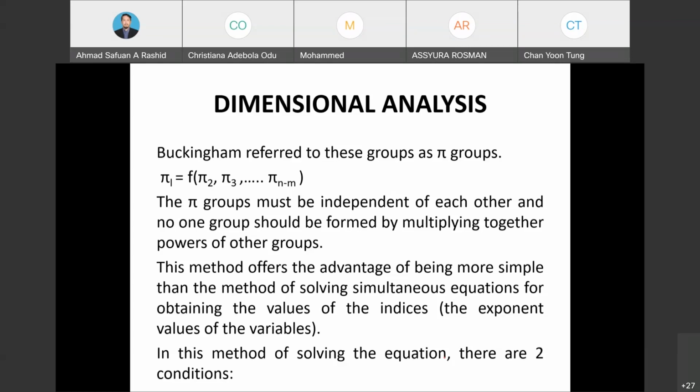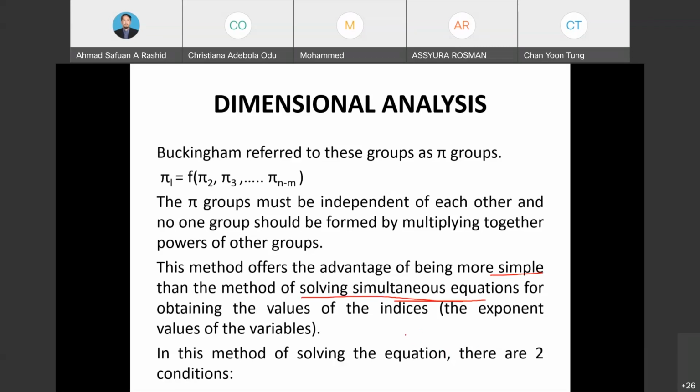I will explain in the example later. This method offers the advantage of being simpler than the method of solving simultaneous equations for obtaining the values of the indices, the exponents of the variables. So this method is more advantageous and simpler compared to the alternative method called simultaneous equations.